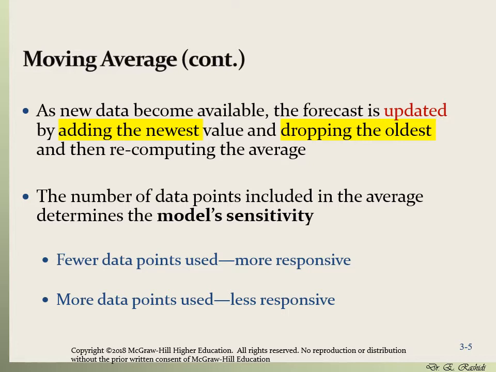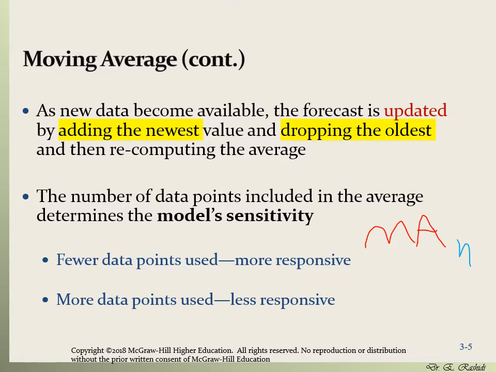So the number of points that you can use in this method, we said it's n, moving average sub n. So what should n be?